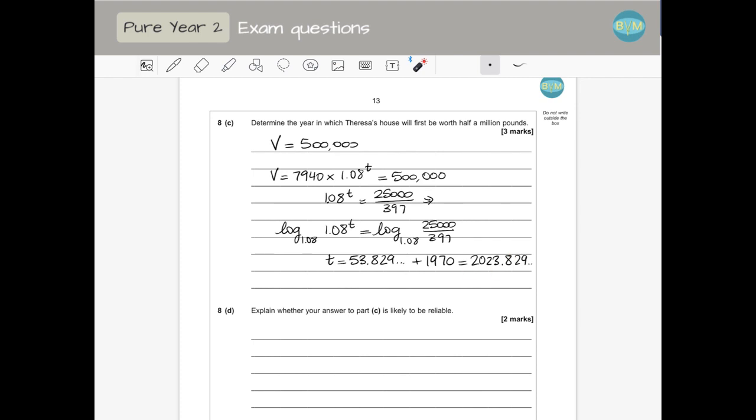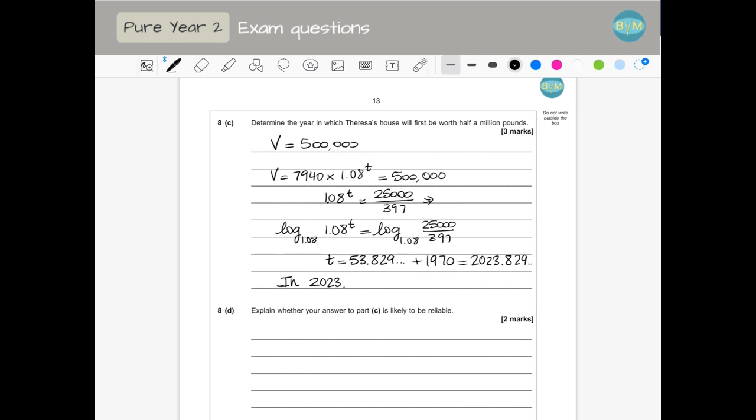But think that the house reaches half a million at one point in 2023. So almost at the end of 2023, but it happens in 2023, and that's what they're asking. Determine the year in which the house gets that price. So it will happen in 2023, at the very end, but in 2023.